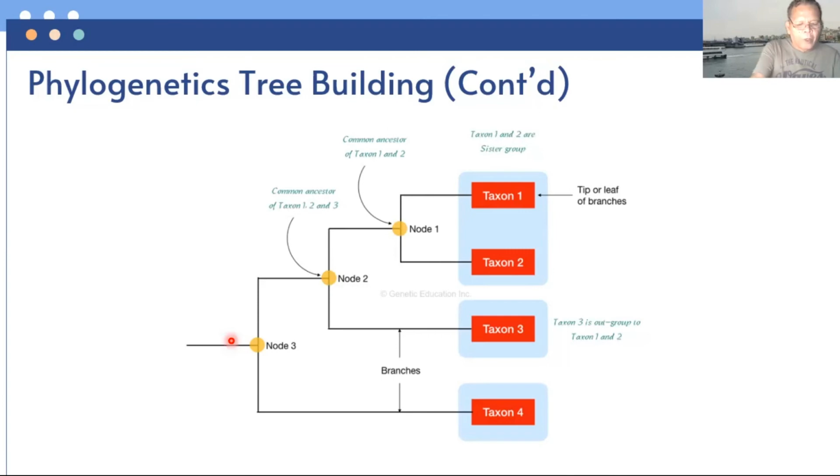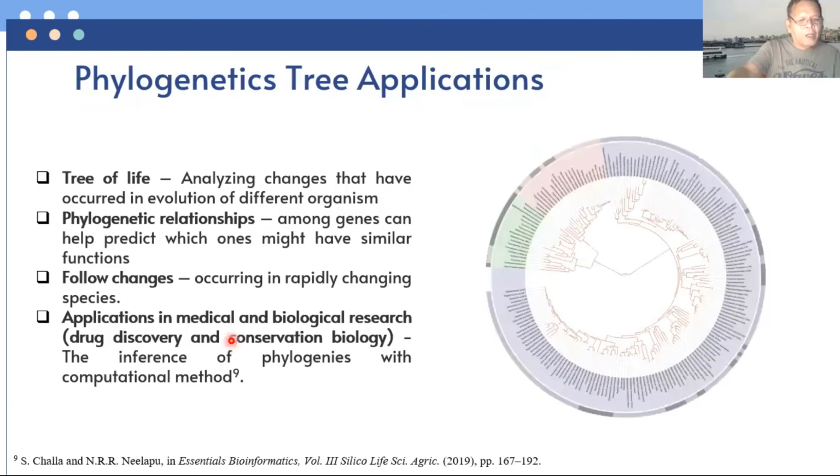Now let's move to phylogenetic tree applications. Several applications of phylogenetic trees are: a tree of life, analyzing changes that have occurred in the evolution of different organisms.